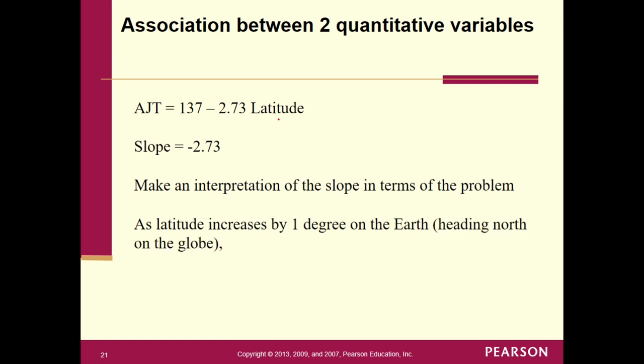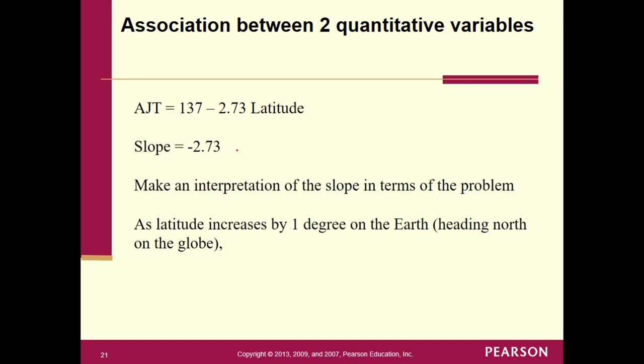So we're heading further north, all right? So as latitude increases by 1 on the Earth, we're heading north on the globe. What generally happens in North America? Does it get warmer or does it get colder in January? It gets colder, right? And so you're going to see that with our interpretation.